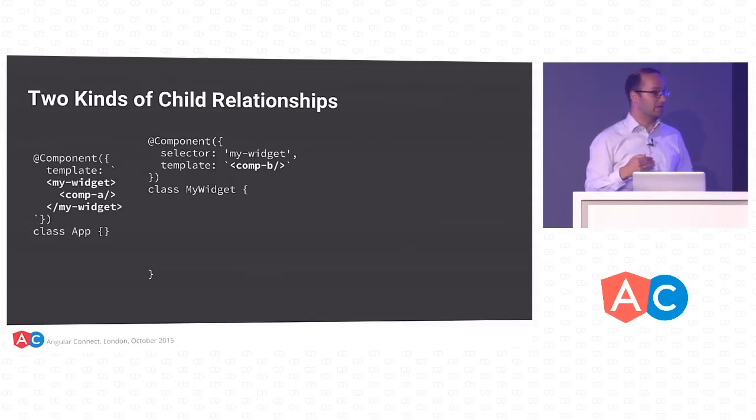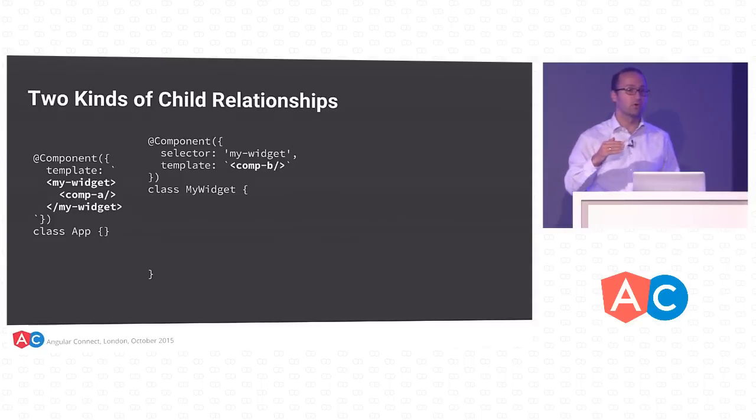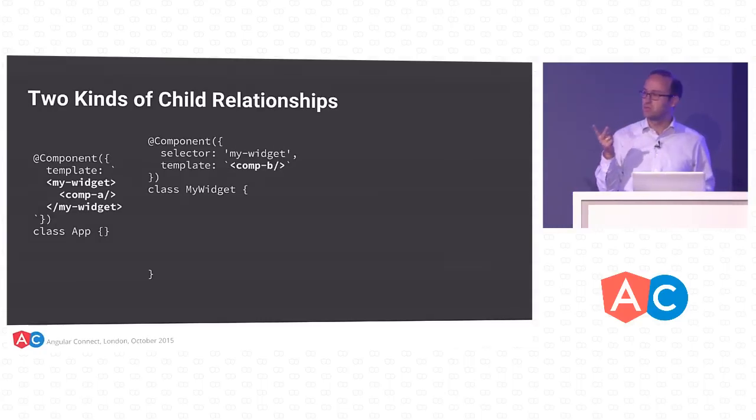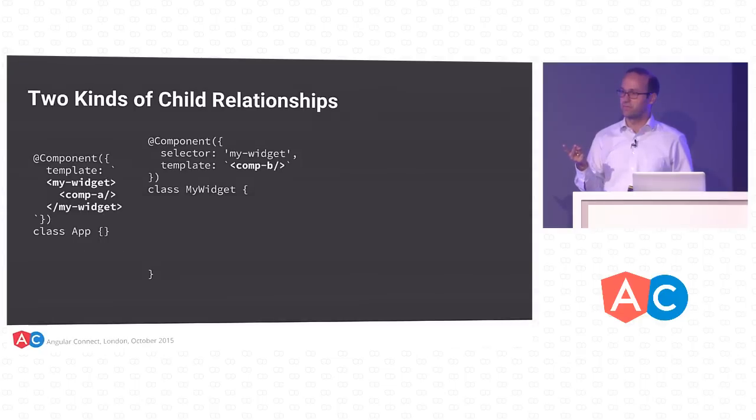And let's say we have an application that uses MyWidget on the left-hand side and places a component A inside of it. So now we have 2 different kinds of children. Component A is placed by the user of the widget as a child, and component B is a child of MyWidget, but placed there by the author of MyWidget. And in Angular 2, we have 2 different names for these.